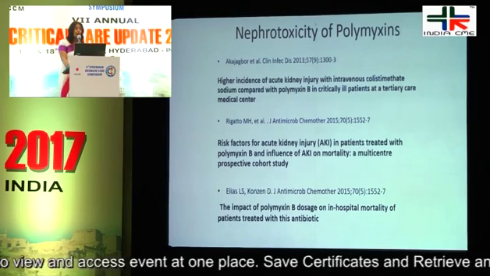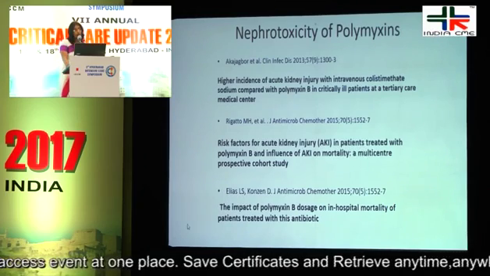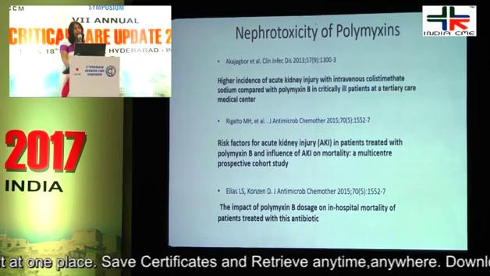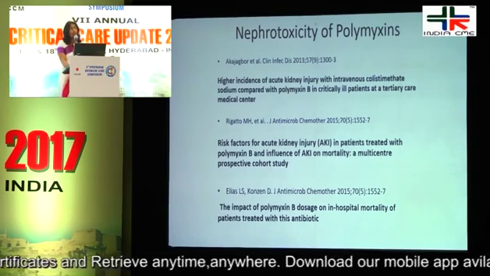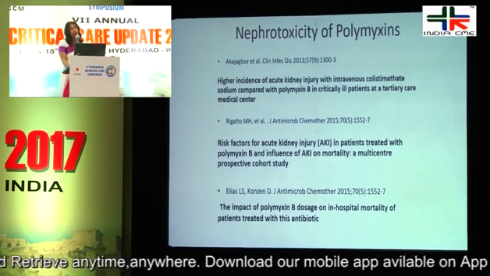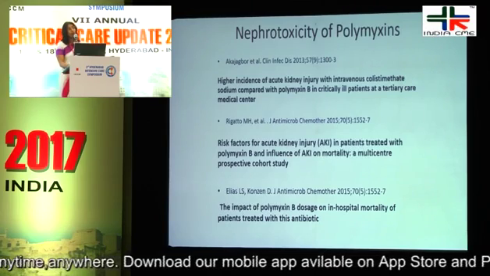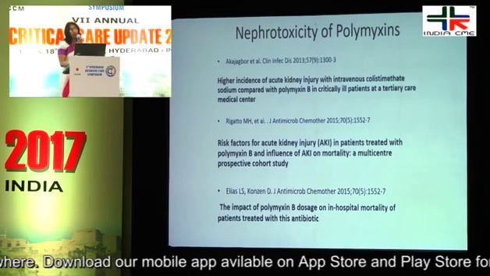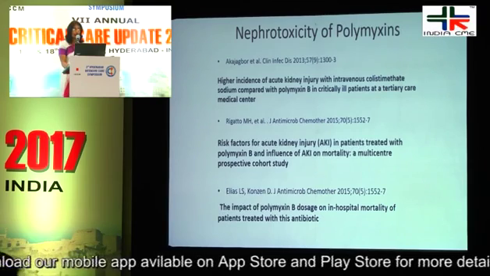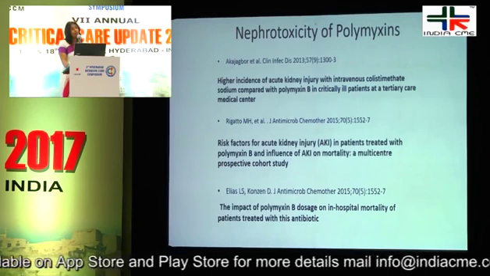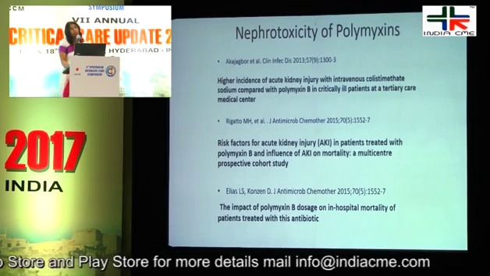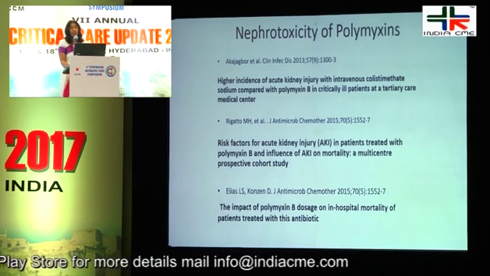The other thing I would like to note here is there are 2 studies published in 2015 that looked at patients who were treated with high doses of polymyxin B. When they say high doses, they used more than 200 milligrams per day of polymyxin B versus less than 200 milligrams per day. And what did they find? It was interesting that when they used higher doses, the nephrotoxicity was higher, but the outcomes of those patients were definitely better.